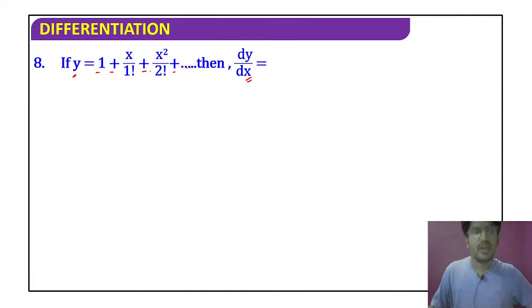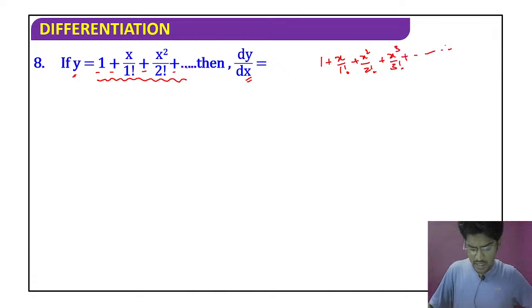Okay. Now quickly tell me, this is the expansion of which function? Here 1 plus x by 1 factorial plus x square by 2 factorial plus x cube by 3 factorial plus so on can be written as some f of x. What is that f of x? Quickly tell me that. Clear?